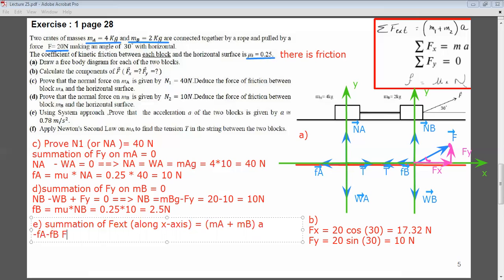Then I have minus FA minus FB plus Fx, because it's along the x-axis in the positive direction, equal to MA, which is 4, plus MB, which is 2.